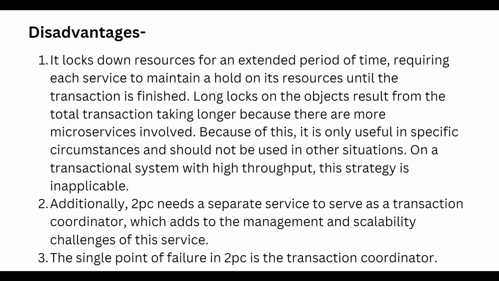On a transactional system with high throughput, this strategy is inapplicable. Additionally, two-phase commit needs a separate service to serve as a transaction coordinator, which adds to the management and scalability challenges of this service. The single point of failure in two-phase commit is the transaction coordinator. Now, the third point leads down to your resiliency.